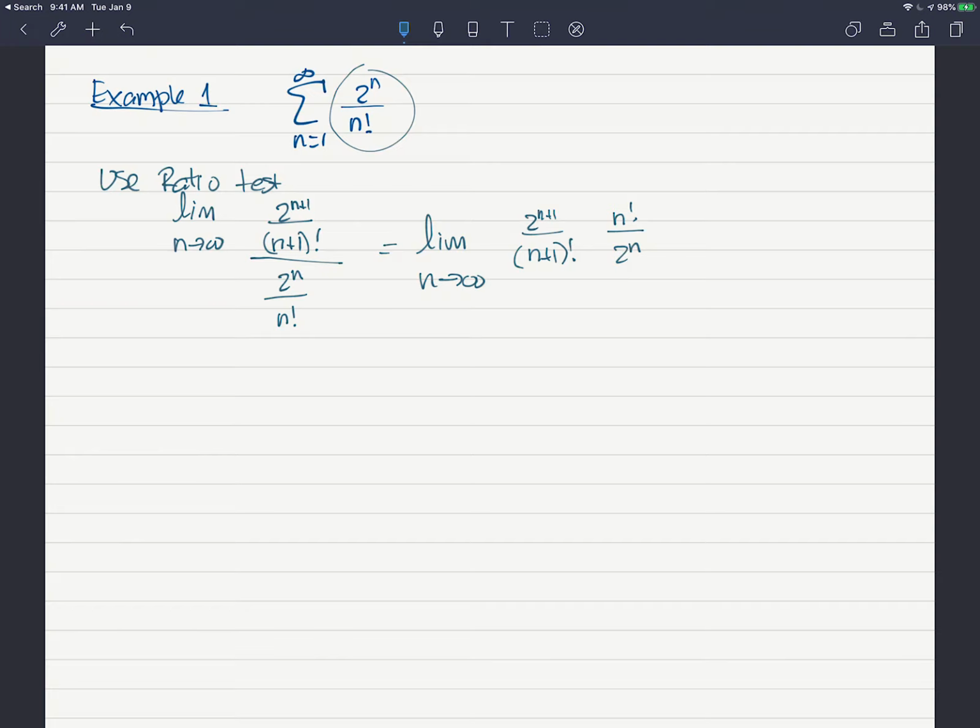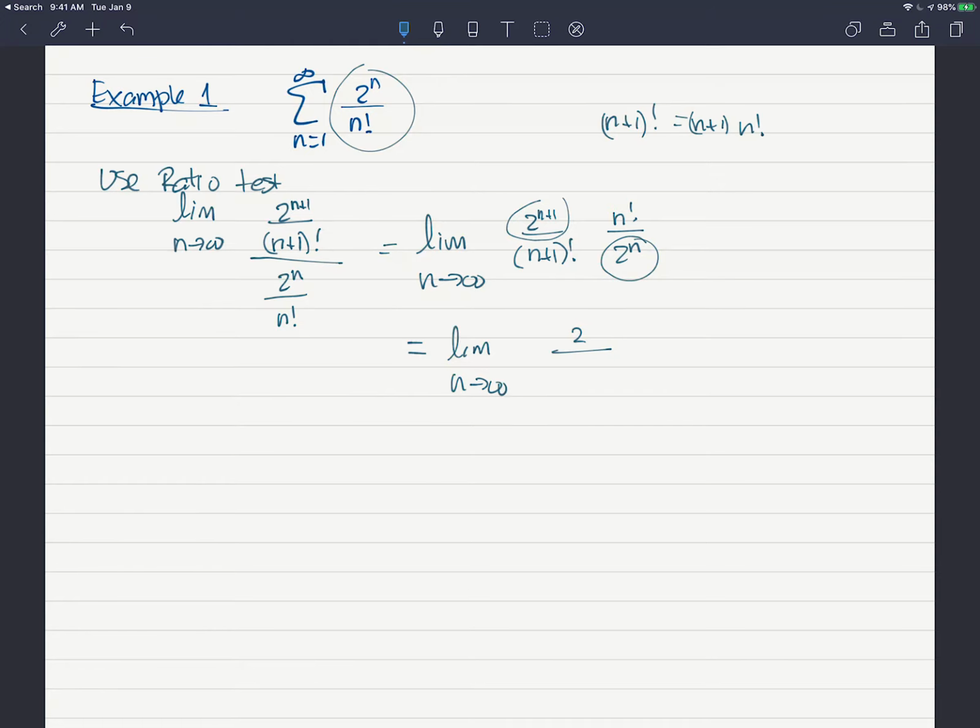This works nicely because if you think about this, the 2 to the n plus 1 with the 2 to the n in the denominator really just becomes a 2 in the numerator. And remember that n plus 1 factorial is really n plus 1 times n factorial.